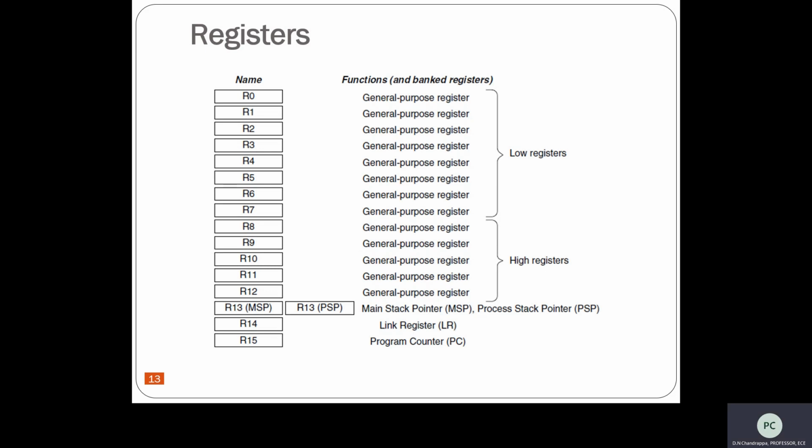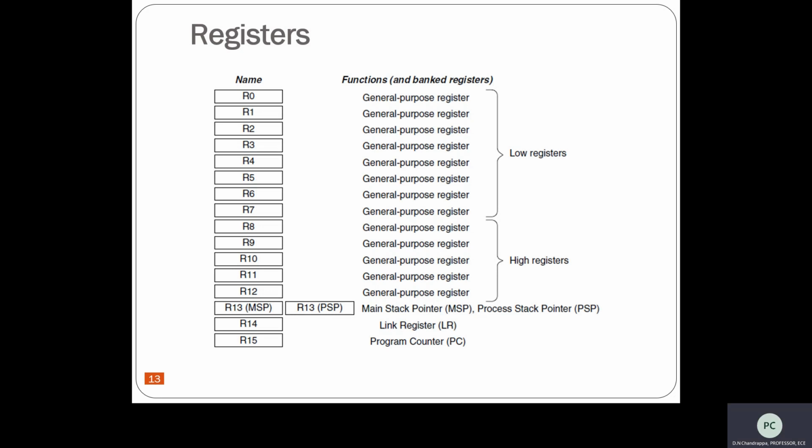So now I'll come to the register part of the Cortex M3 processor. Some of the registers are R0 to R15. Out of that, R0 to R12 belong to the general purpose registers.